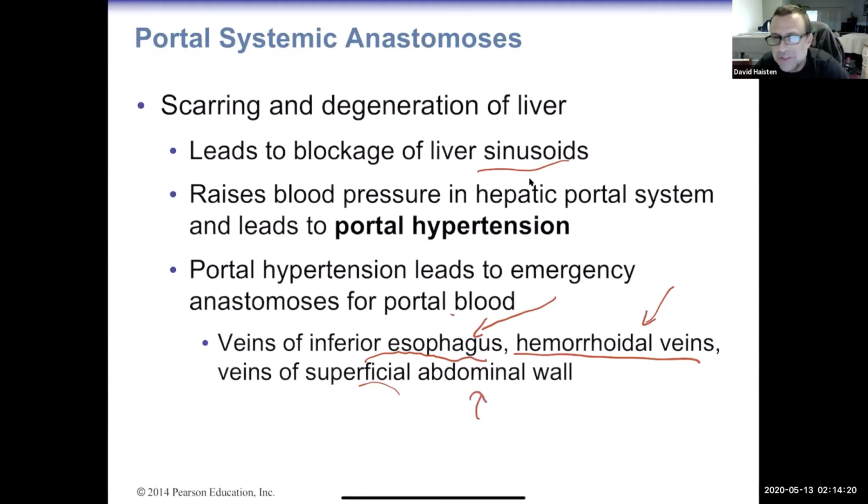How about a bunch of swollen veins down on your lower abdomen? Like varicose veins bulging out. So it's not a pretty picture. Don't like alcohol too much. Or you can get these emergency anastomoses for hepatic portal blood, places it should never be sent.